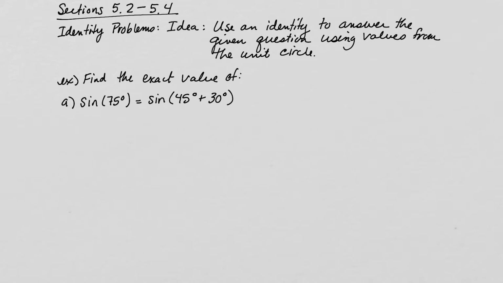If you have the sheet printed out in front of you, or if you go back after class and look at where I put the handout up, you will see an identity that looks like this: the sine of alpha plus beta is equal to the sine of alpha cosine of beta plus the cosine of alpha sine of beta.